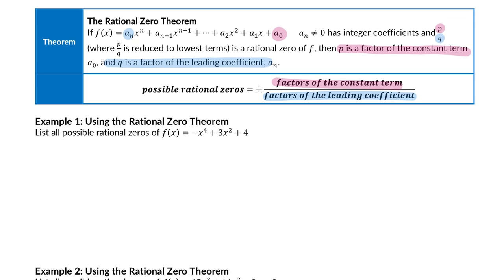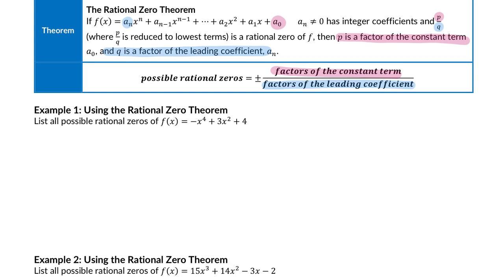In this first example, we're going to just list all of the possible rational zeros for this function, which means we need to know the constant and we need to know the leading coefficient. So the constant here is 4.